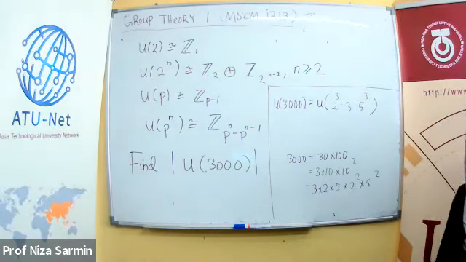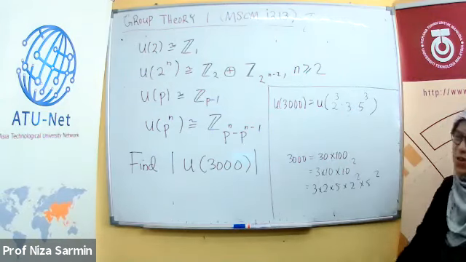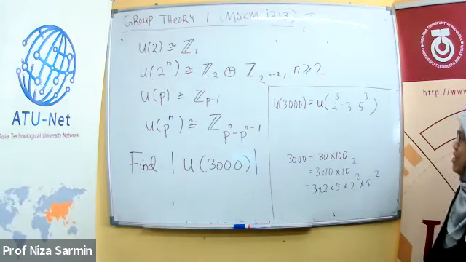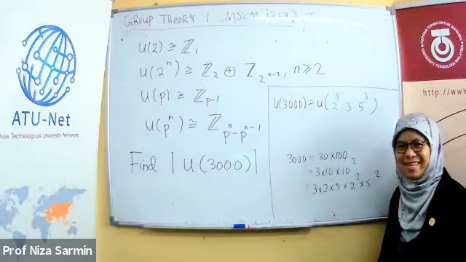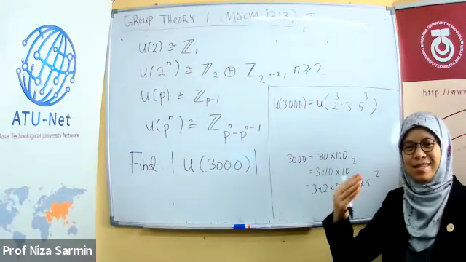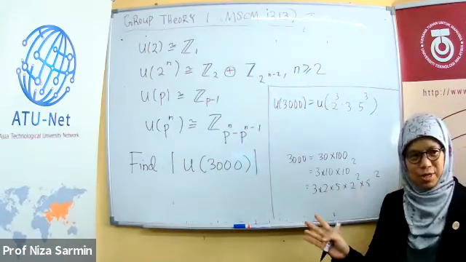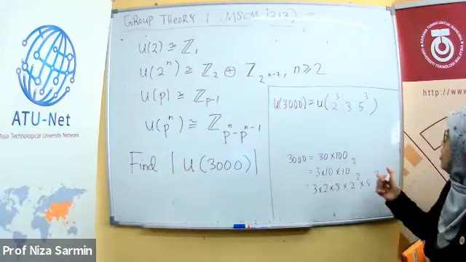Anna, can you double check? 8 times 3, 24, 24 times 125. Rather than you divide by 2, by 2, by 2, you break up into big portions and then break up. This is what I do.